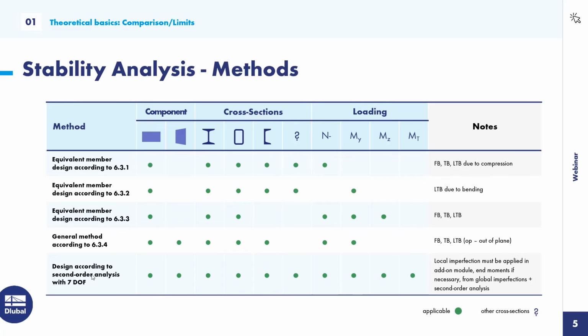Then the fifth line, design according to second order analysis with 7 degrees of freedom. Now you can see all is possible, uniform and non-uniform members, all cross-sections, all internal forces, but imperfections must be applied and the second order analysis must be done, and the 7th degree of freedom must be considered.